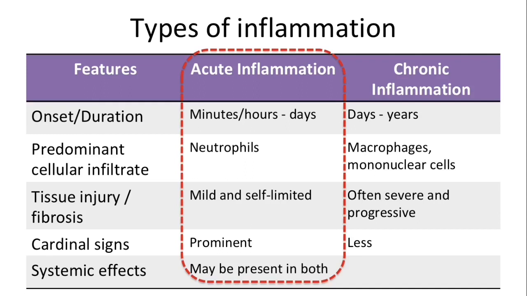In today's lecture, we'll focus on acute inflammation, and then we will have another lecture for chronic inflammation. You can see the features there. Acute inflammation tends to have a quick onset, short duration, and lots of neutrophils, is very mild and self-limited, typically has prominent cardinal signs, and may have systemic effects.